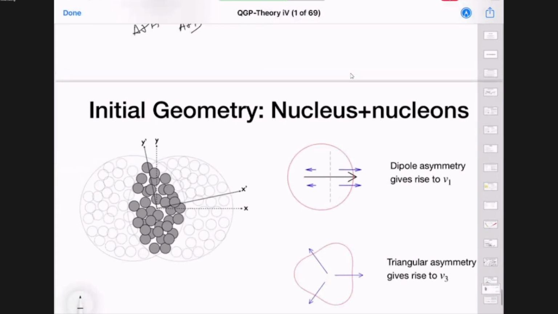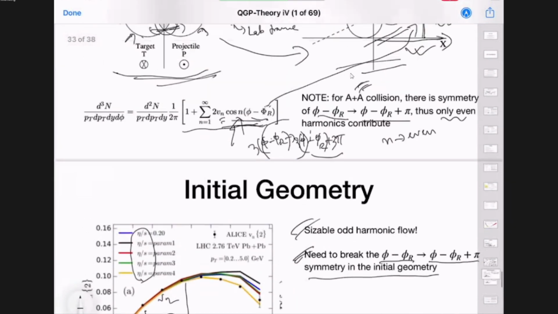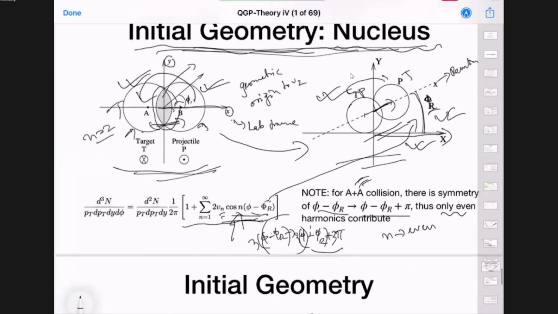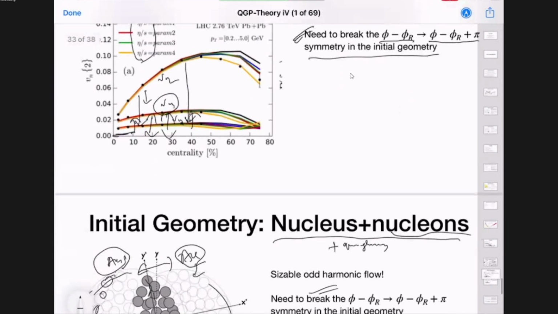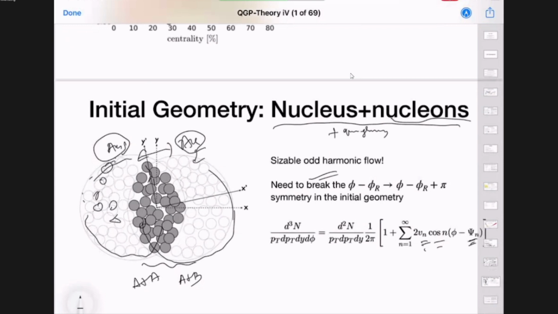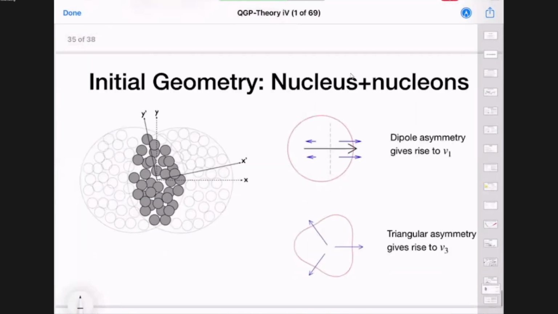Here we had already seen the n equal to 2 even asymmetry, which was the elliptic eccentricity. But now when you have fluctuating nucleon positions, you start generating odd harmonics. And here we have given two examples of these odd harmonics.